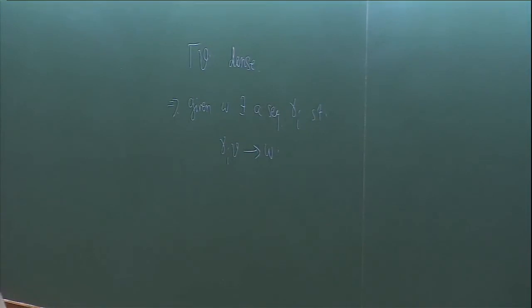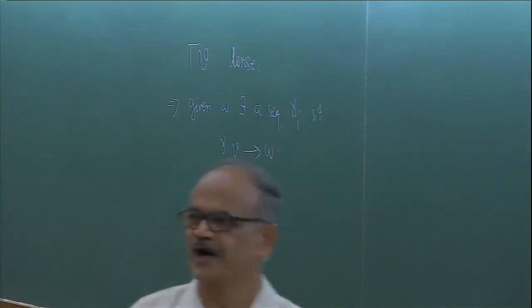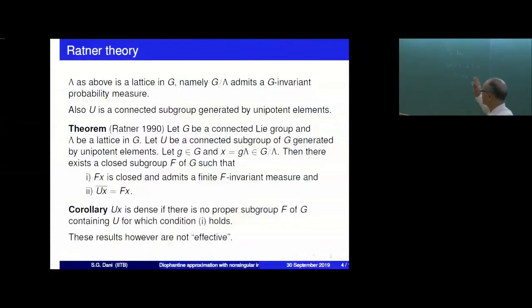But if you wish to find such a sequence, how far you have to go, what the sizes of gamma i will be, is not built into these results. So for results to be effective, you need to know something about finding gamma i's with some bounds.